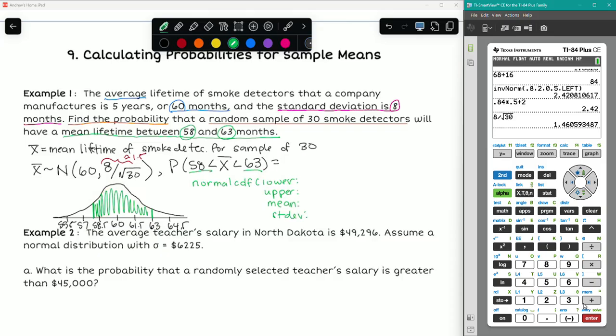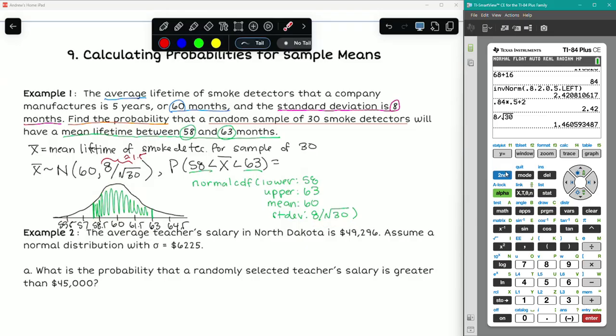So my lower bound is 58, my upper bound is 63, my mean is 60, and my standard deviation is 8 divided by the square root of 30. I'm typing it in exactly so that I don't have rounding error. The rounding error is fine in my picture because I'm just trying to get a quick sense of what the distribution looks like. But in my calculator, I want to be as accurate as possible.